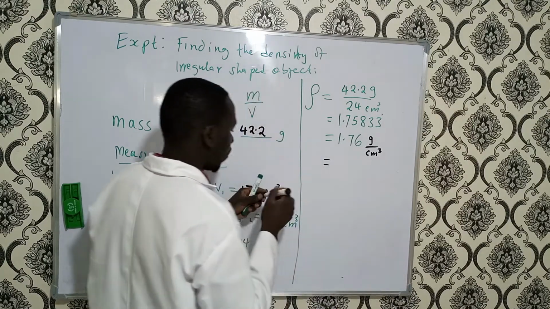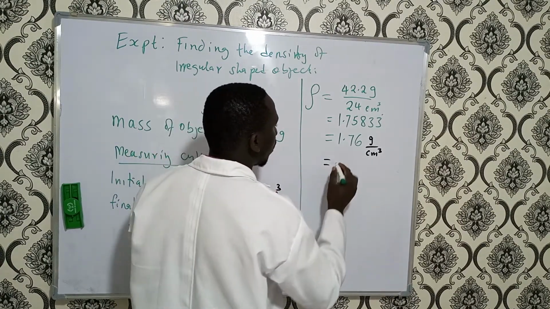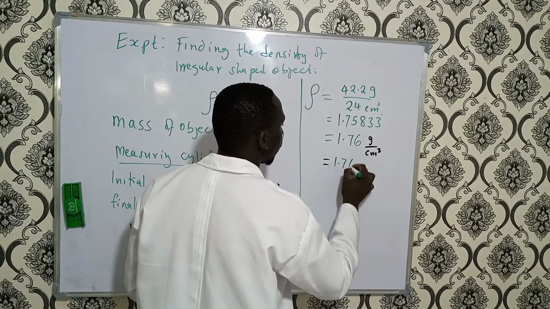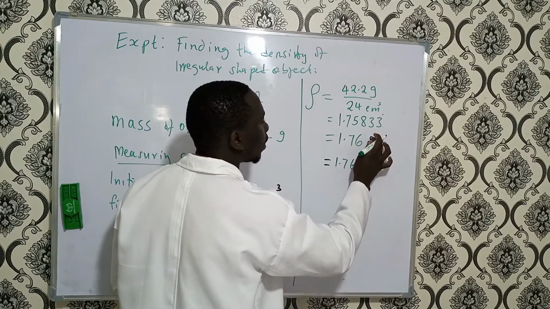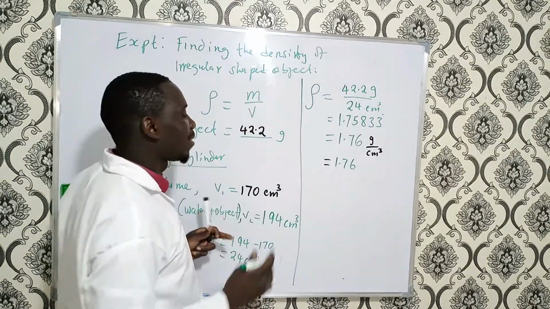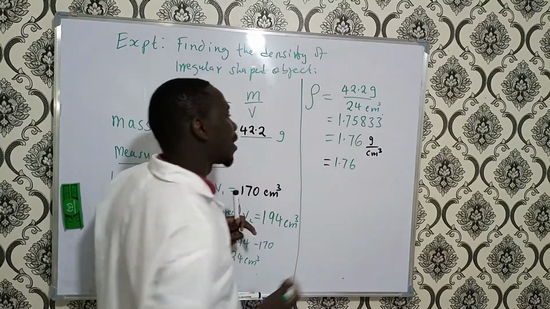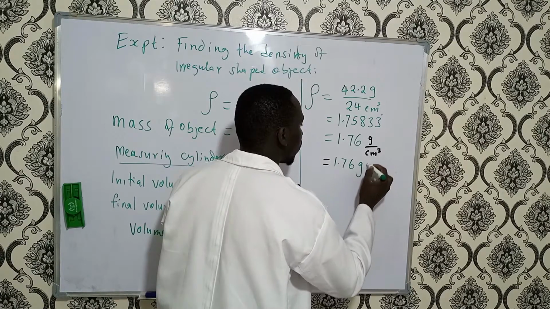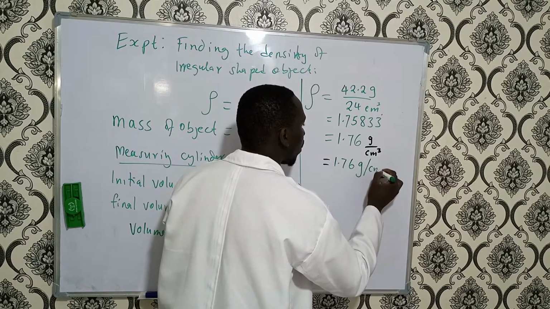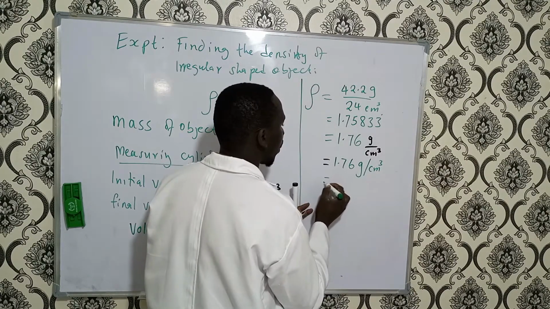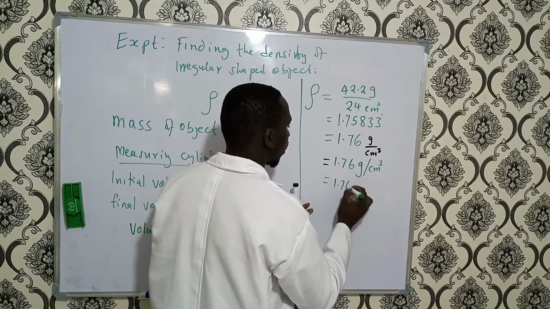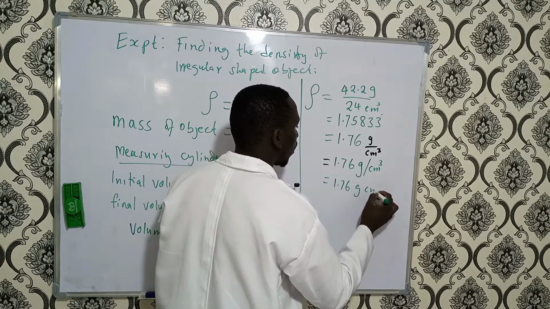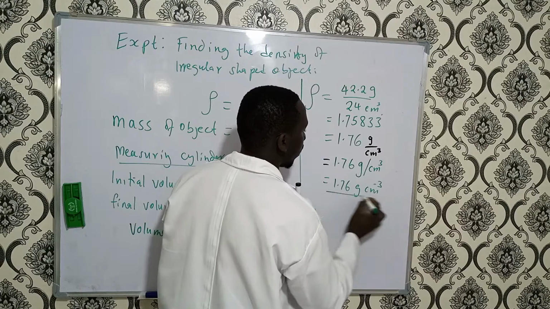This tells us the density is 1.76, and we always express it as grams per cubic centimeter. And for A level, we express our answer as g cm^-3.